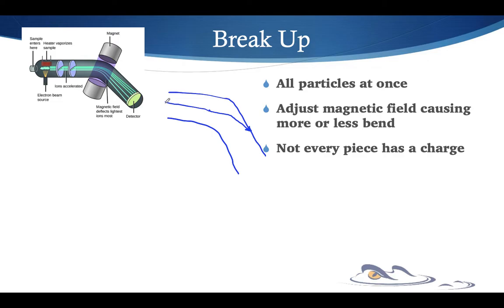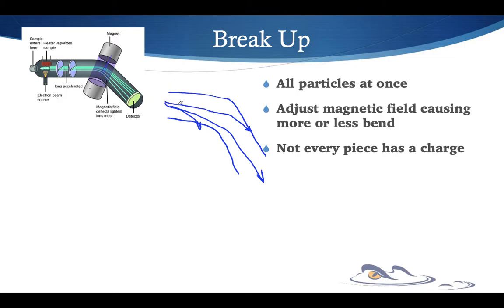Some particles are too light, and the magnetic field will cause them to bend too much, and then they will run into the other side of the tube. And some particles will have just the right mass, and they will go down and be able to hit the detector, right?